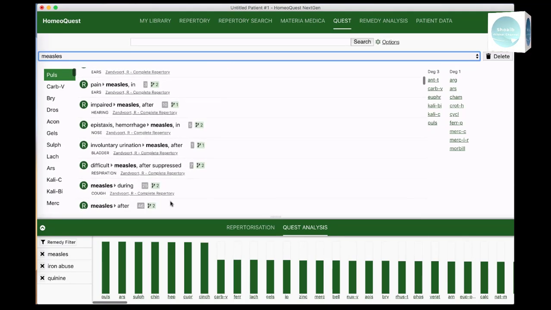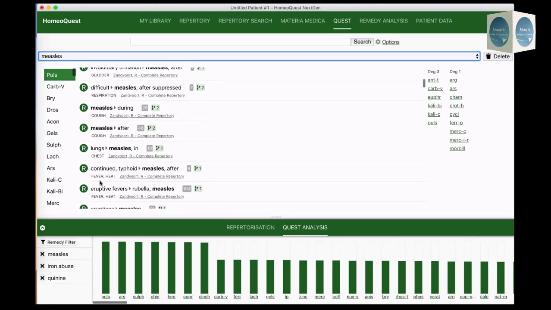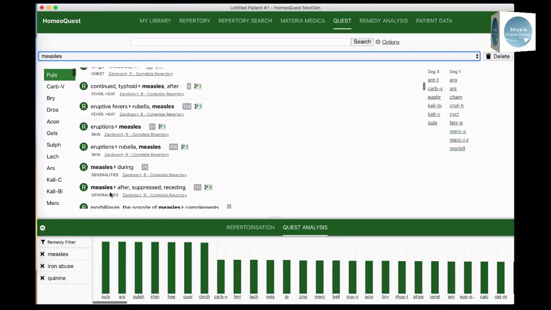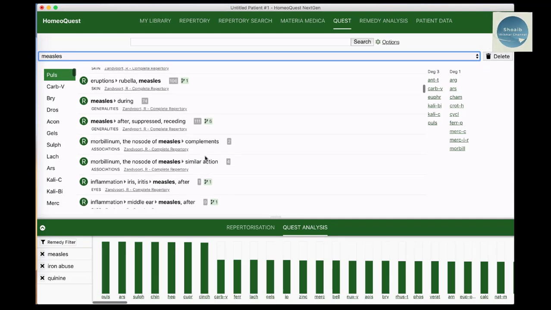So you see, we have a whole list of complaints, cough, issues around fever, which have never been well since measles. Apart from the Morbillinum nosode, which is the measles nosode, Pulsatilla has a similar action, or even complements the action of Morbillinum if it doesn't complete the story of taking away the never been well since syndrome after measles.